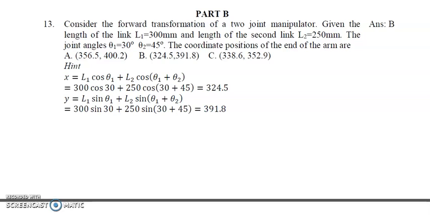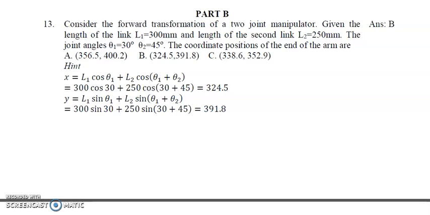The coordinate positions of the end of the arm are: A. 356.5, 400.2. B. 324.5, 391.8. C. 338.6, 352.9. Only by doing some calculations can this answer be found; without that, we can't directly say A or B is correct. So we'll see how the answer comes.